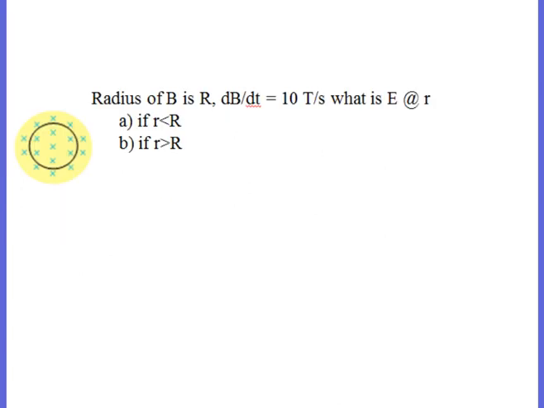All right, so here's a problem for you. This yellow region has a magnetic flux which is changing at a rate of 10 teslas per second. Notice that the magnetic flux is going away from you, so if it's a positive change, I think that means the flux going away from you is getting weaker, and eventually it'll reach 0, and then it'll start becoming flux towards you at a rate of 10 teslas per second.